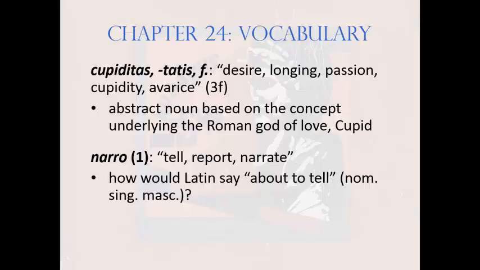When is it happening? In the future, of course. Is it active or passive? No be, so it's active. How does Latin form the future active participle? The future is when you're going to do something, right? You're. Think about it. You are. So, the answer is narraturus.